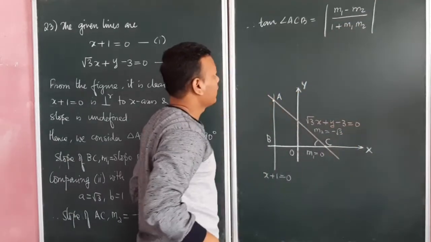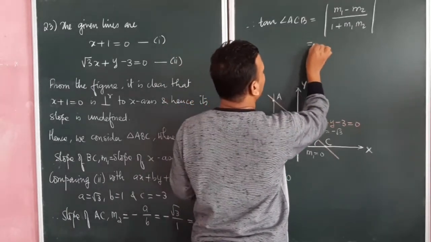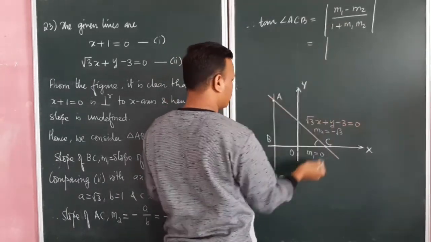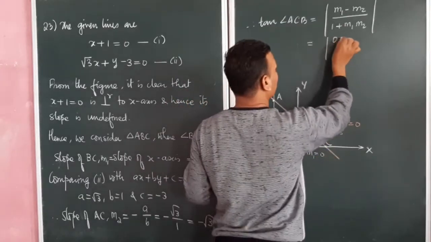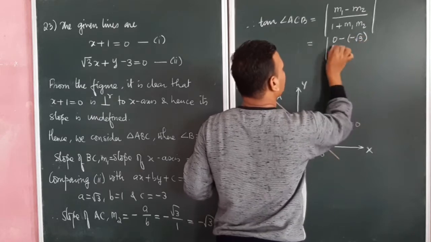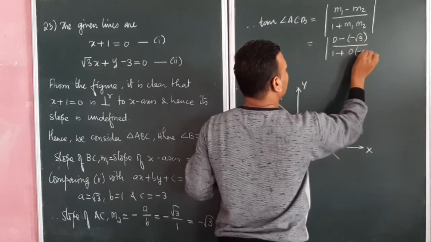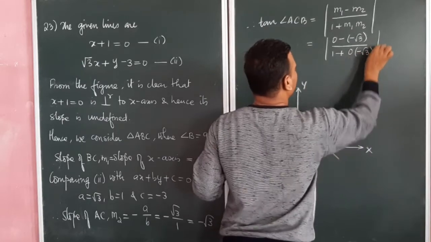So let us put the values. M1 is equal to 0. So we have 0 minus M2, M2 is minus root 3, by 1 plus M1 is 0, M2 is minus root 3.